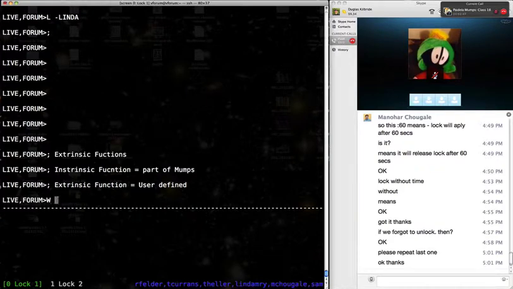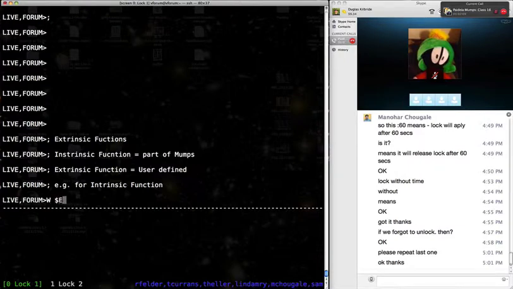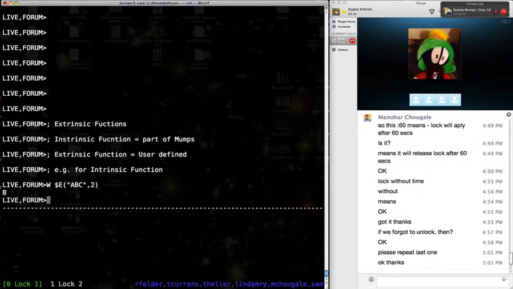So here's an example of an intrinsic function. This is $extract, and $extract is part of MUMPS.